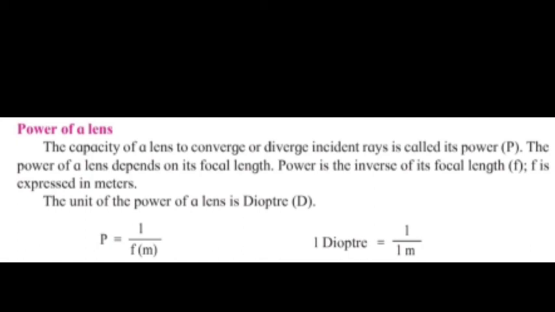Power is the inverse of its focal length f. f is expressed in meters, so the unit of power of a lens is the diopter. That means P = 1/f, where f is measured in meters. So 1 diopter is equal to 1 upon 1 meter.